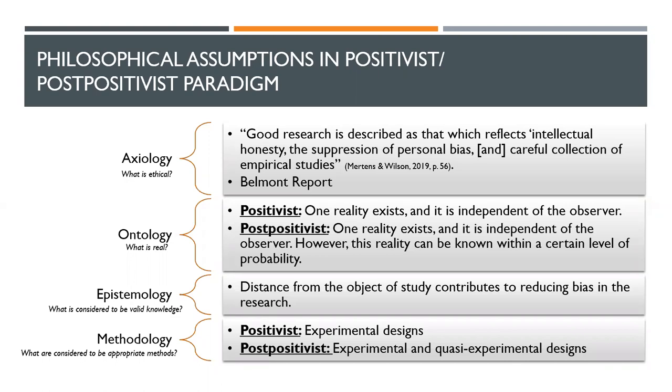Lastly, for axiology, which speaks to what is ethical, both positivists and post-positivists believe that good research is described as that which reflects intellectual honesty, the suppression of personal bias, and the careful collection of empirical studies.